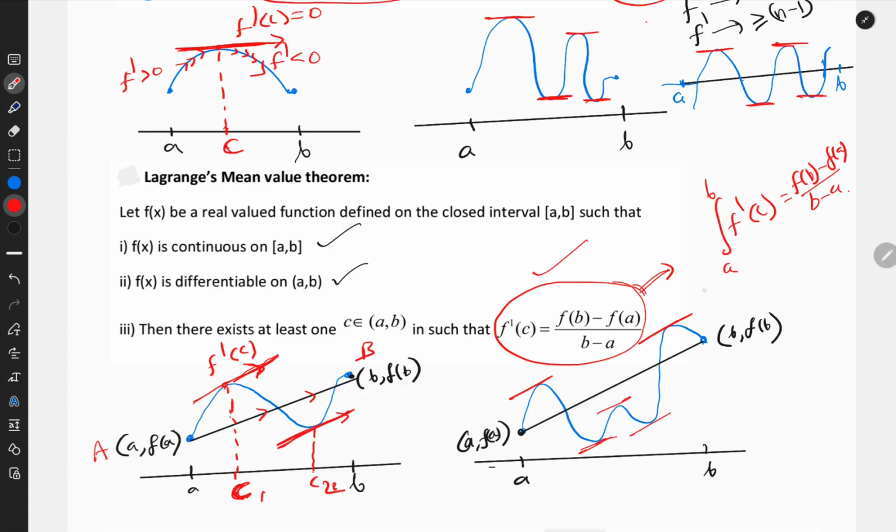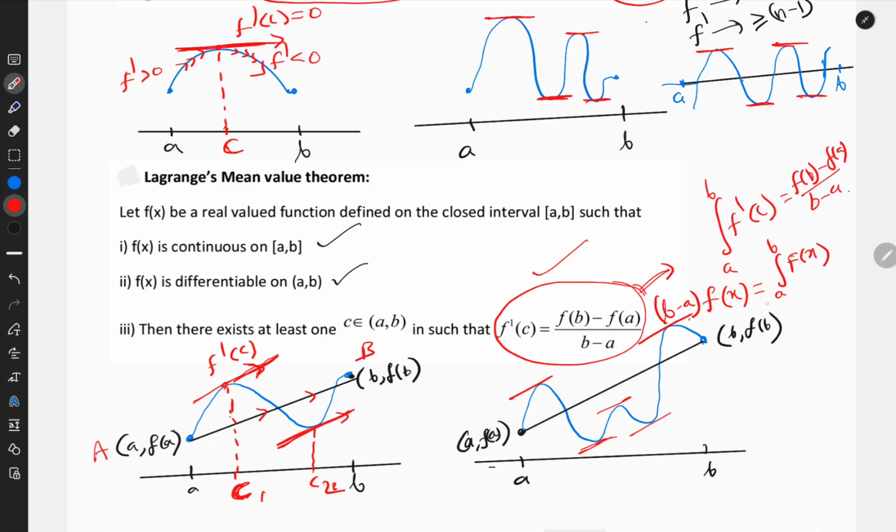So this is f dash of x equal to integral a to b of capital F of x into b minus a.